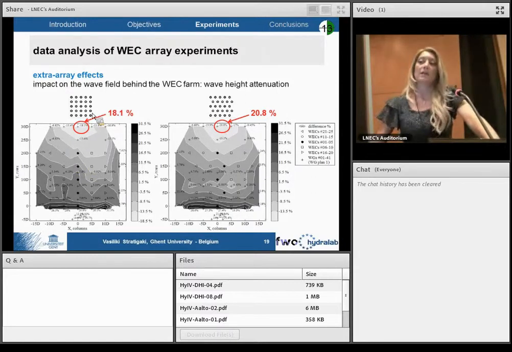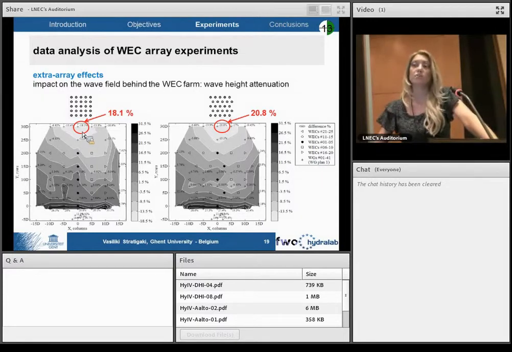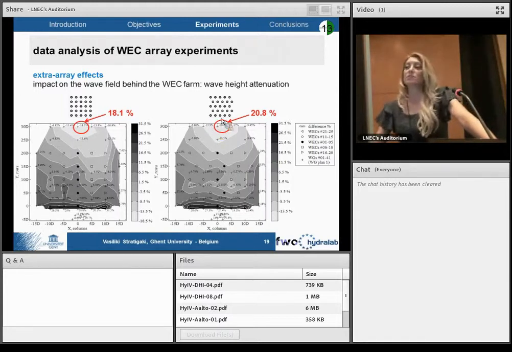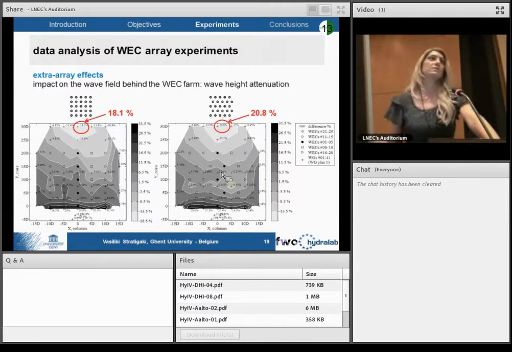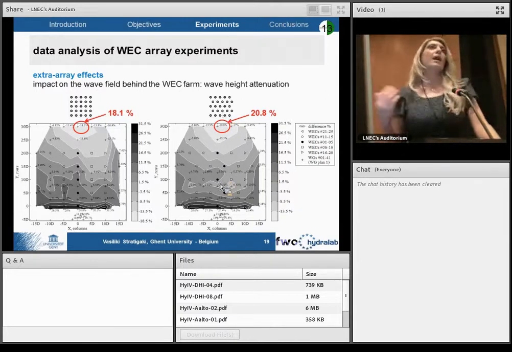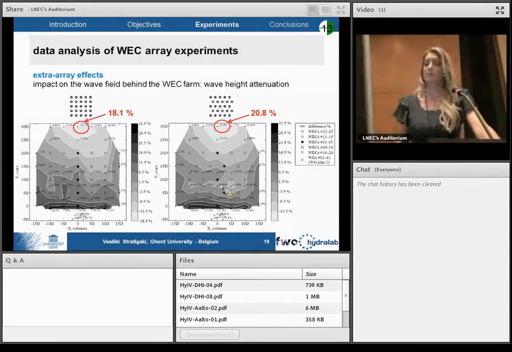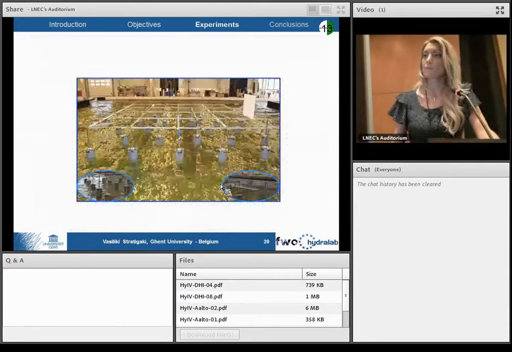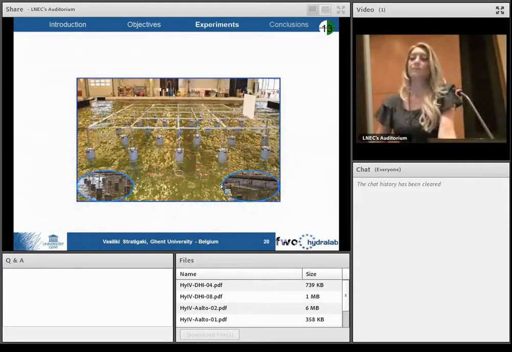Again, you see that the WECs do not have the same response due to these intra-array interactions. This is a close-up. And the second one, showing more regular waves, but still the response is not identical for all 25 of them. Okay.